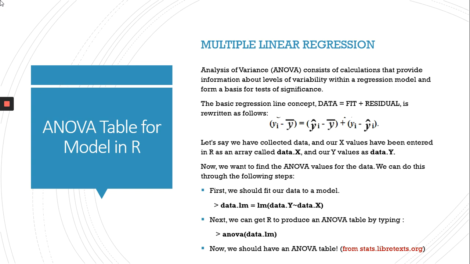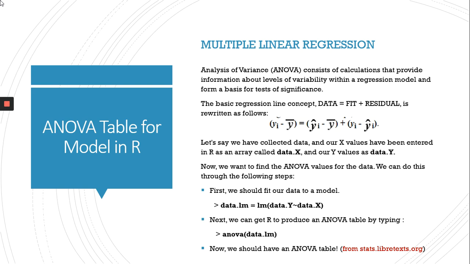First, we fit our data to a model with lm: data.lm is equal to lm(data.y ~ data.x). Y is the dependent variable, which comes before the tilde, and after the tilde come all the independent variables, x1 to x2 to xk.